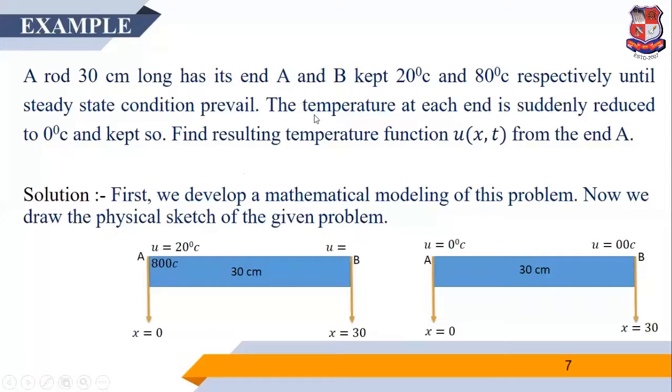Also here it is given that the steady state condition prevails, which means the 20 degrees and 80 degrees at both ends are converted to 0 degree temperature at A and B ends also.